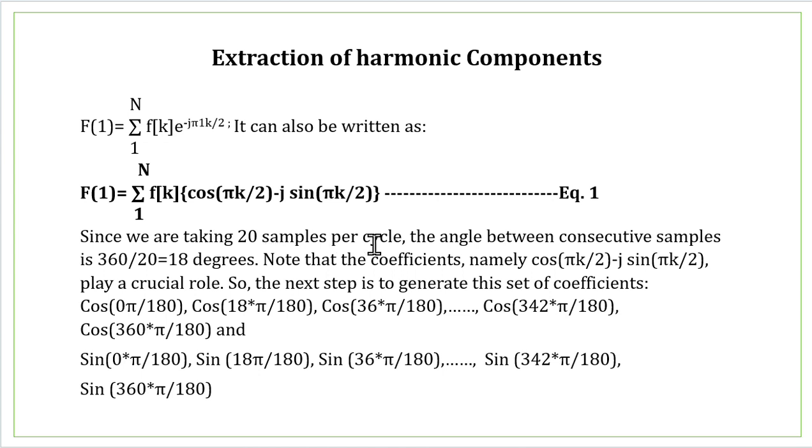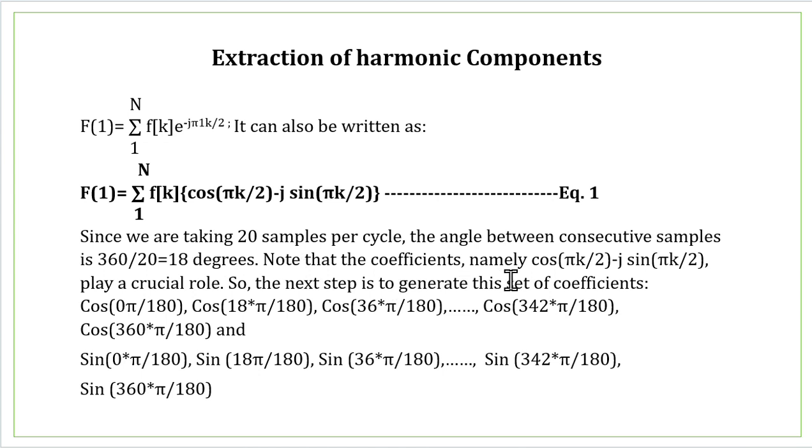Since we are taking 20 samples per cycle, the angle between consecutive samples is 360 upon 20 degrees. One cycle means 360 degrees, and we want to find out at what angle we are taking each sample in terms of degrees. In 360 degrees you are taking 20 samples, so your samples are separated by 18 degrees.